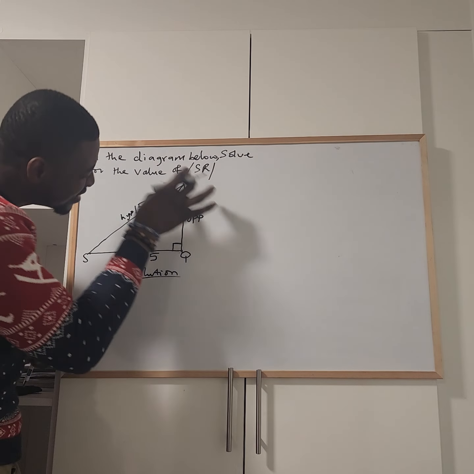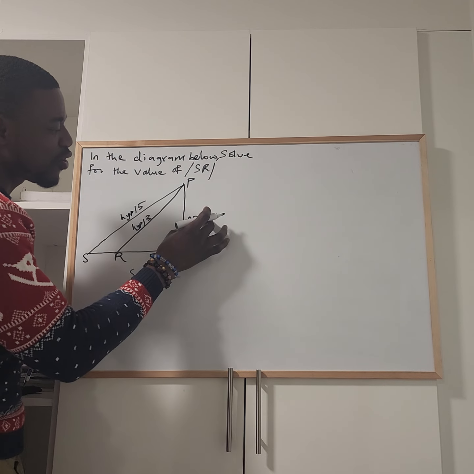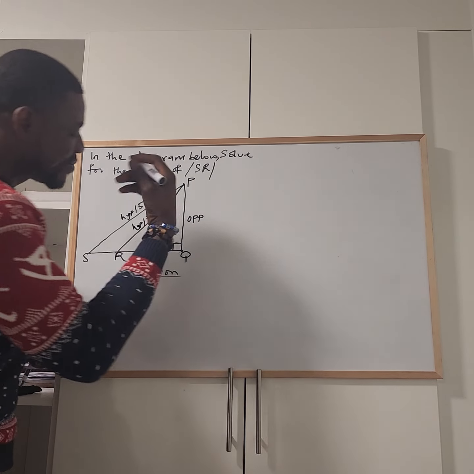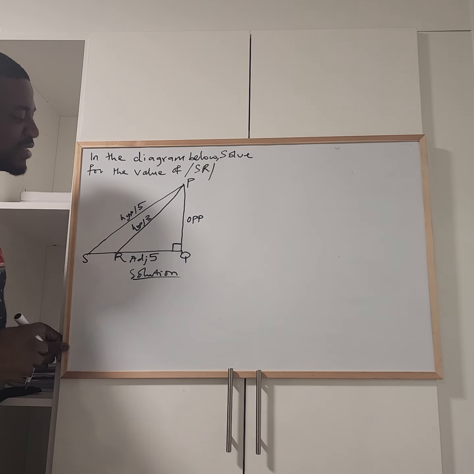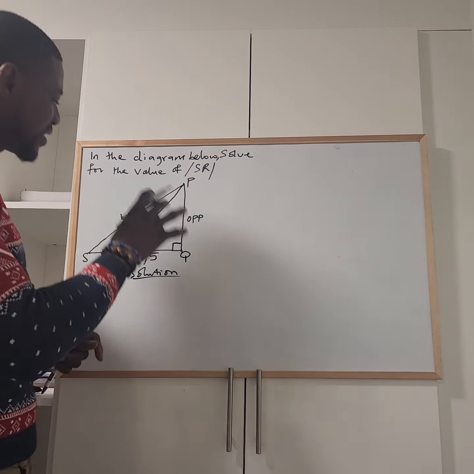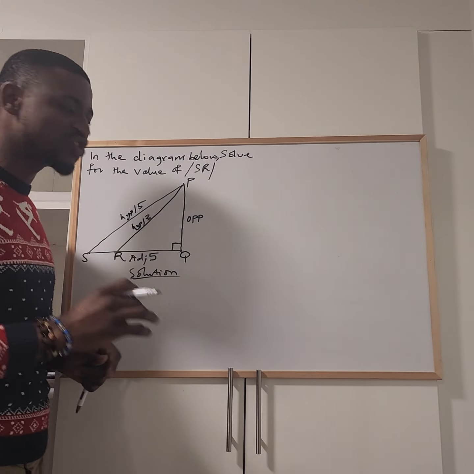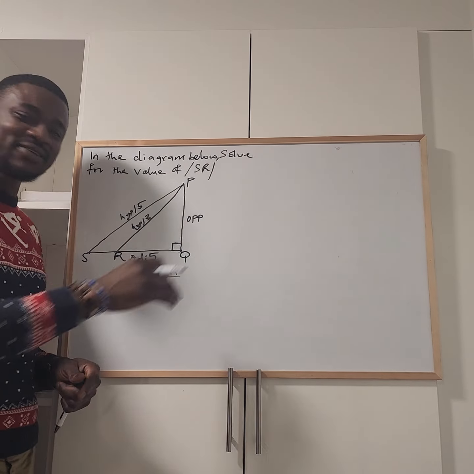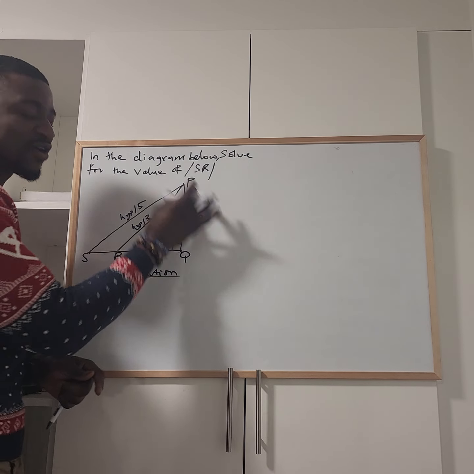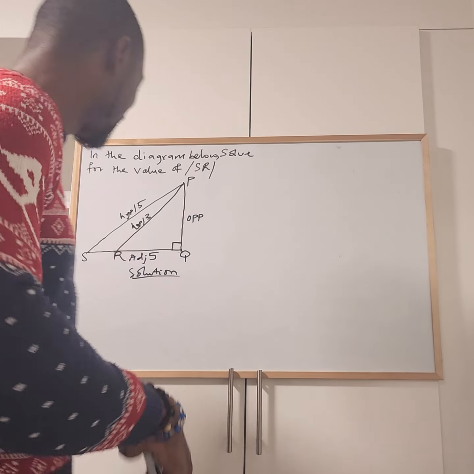This is facing the hypotenuse, which is the longest side, and it is therefore called the opposite. Then the remaining side gives us the adjacent. So these are the three parts of a right angled triangle. The longest side is called the hypotenuse, the side facing it is the opposite, and the remaining side is the adjacent.